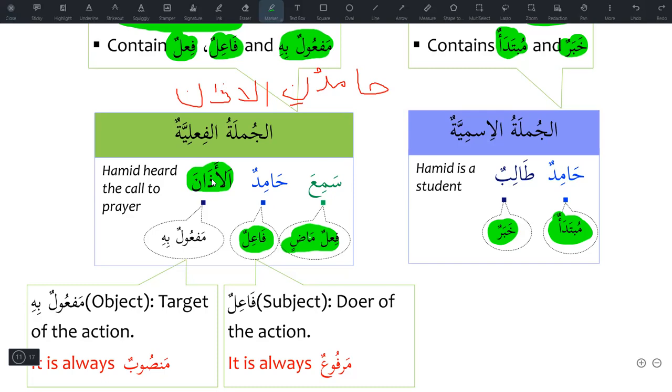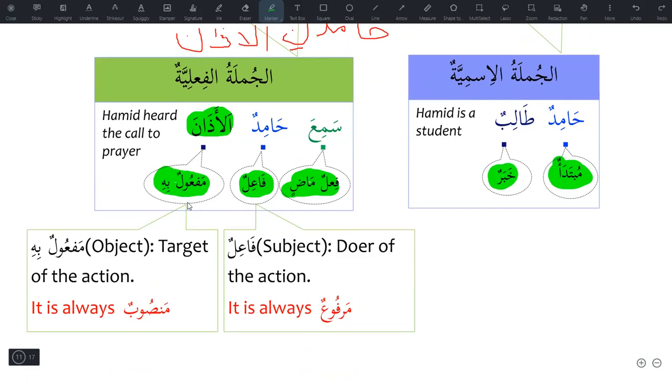So azan is the object here. And the object is mansub, accusative case. So al-azanu becomes al-azana. Maf'ul bihi, object, is mansub.